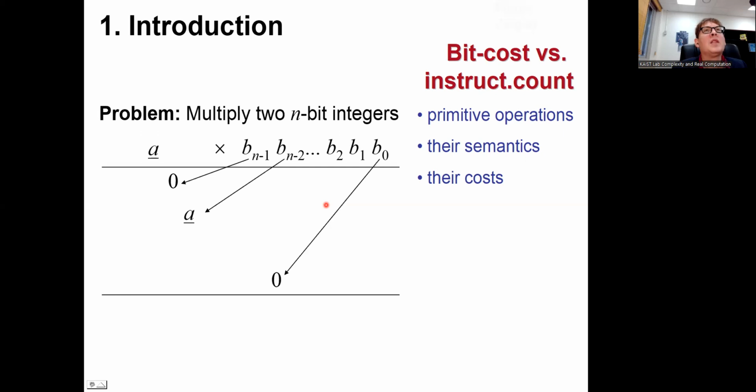So let's say b0 is 0, then replace this shifted copy of a with 0, and keep only those shifted copies of a where the corresponding bit in b is a 1, and then add all these. So our new algorithm is again a sequence of additions, but now it's at most n additions, namely at most one addition of a shifted copy of a corresponding to the at most n digits of 1 occurring in the second argument b.